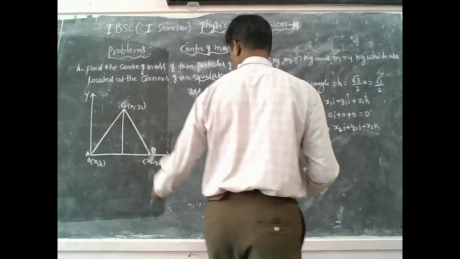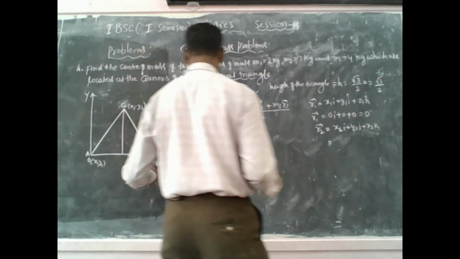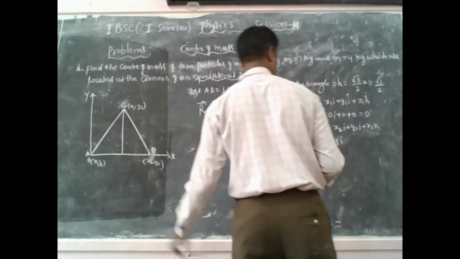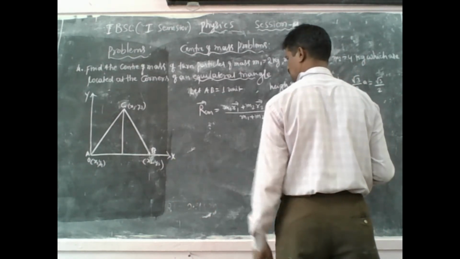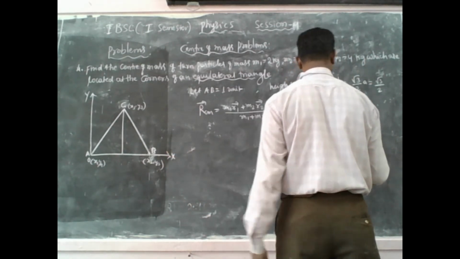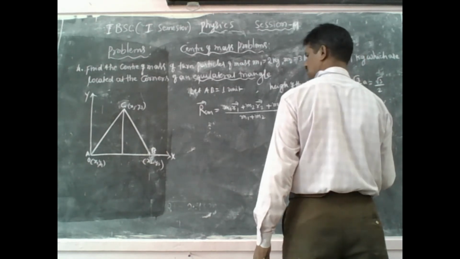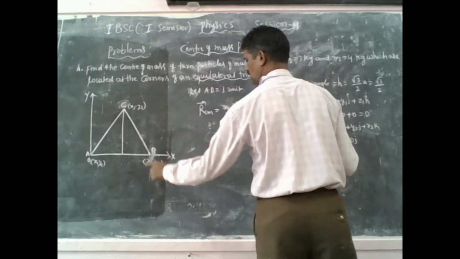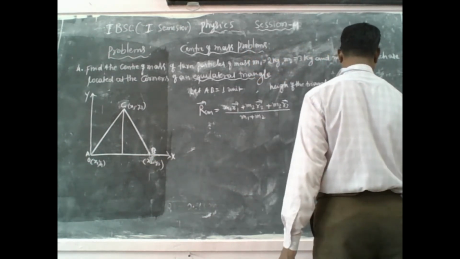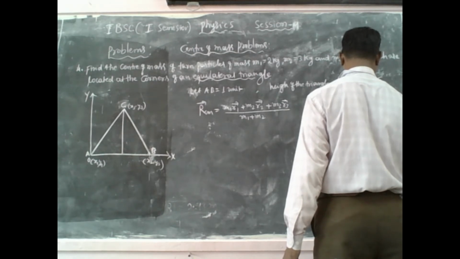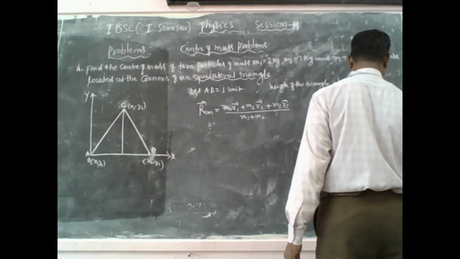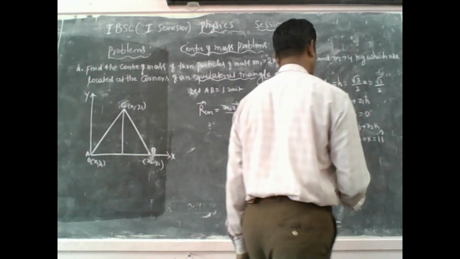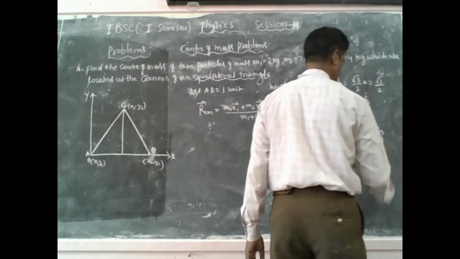What is x2 here? x2 is equal to 1i, because it has 1 meter, or 1 unit, along the x-axis. y2 is equal to 0, 0j, isn't it? And z2 is equal to 0.